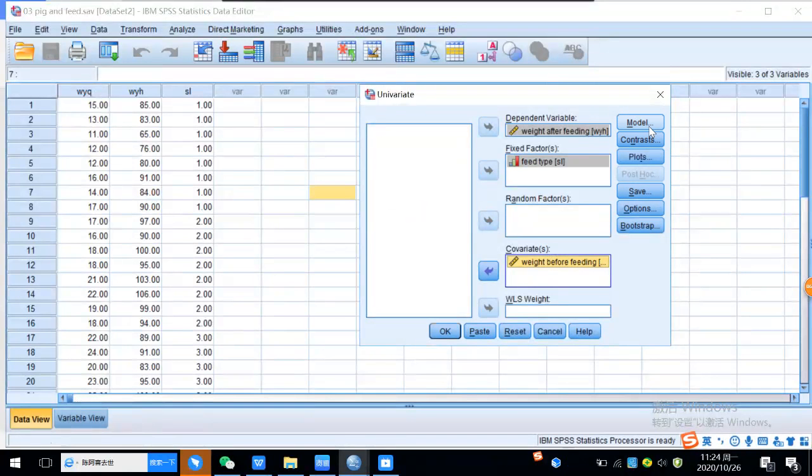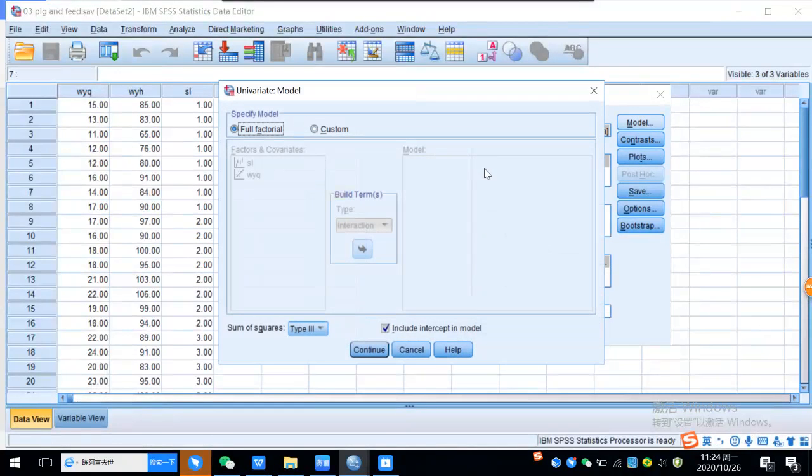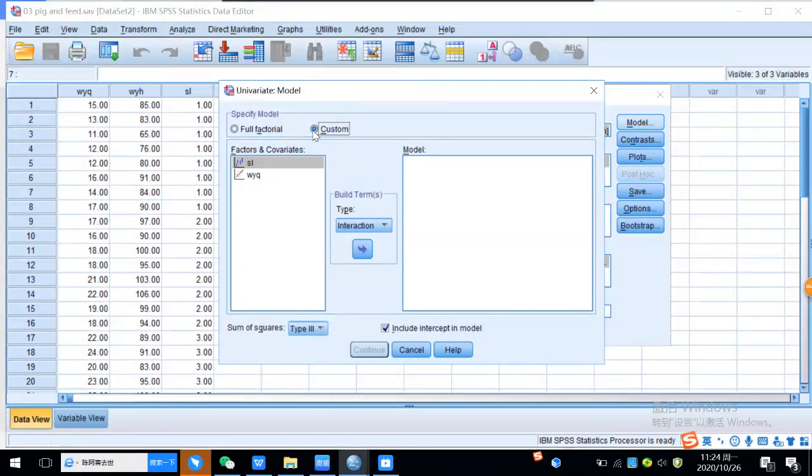Next, please select the model here, because if it's a covariate analysis, then you need to establish a custom model. So select the custom model.